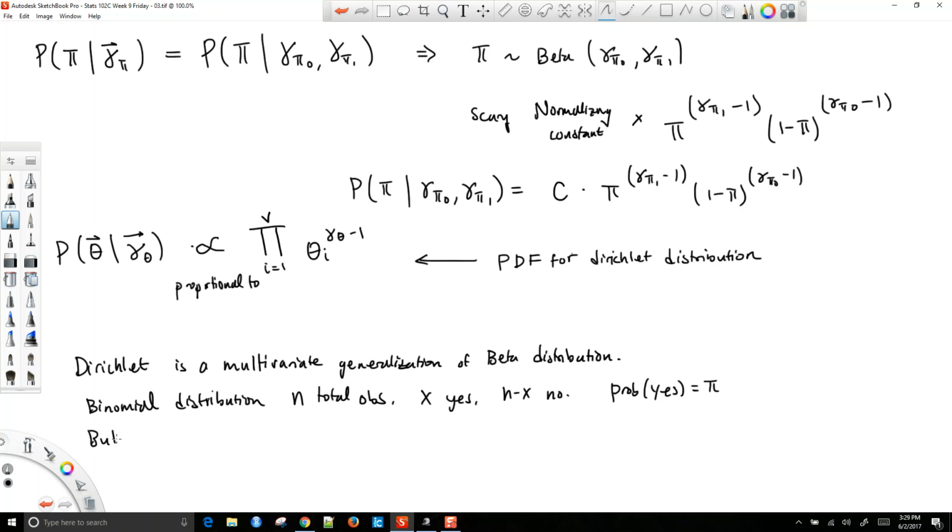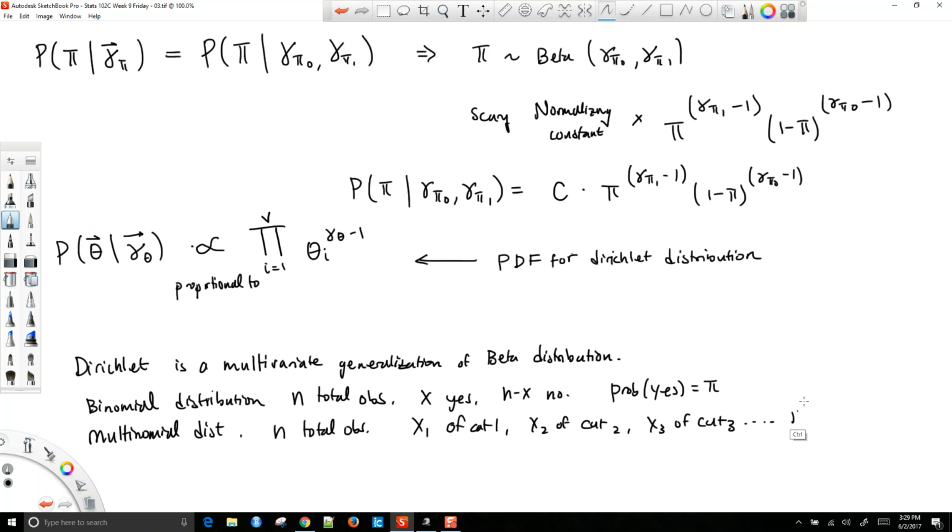For a multinomial distribution, you're going to have n total observations, and you'll have x sub 1 of category 1, x sub 2 of category 2, x sub 3 of category 3, and so on, and then n minus the sum of the other x's for the last category.